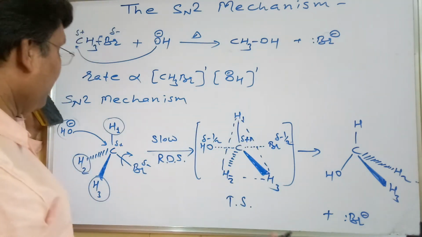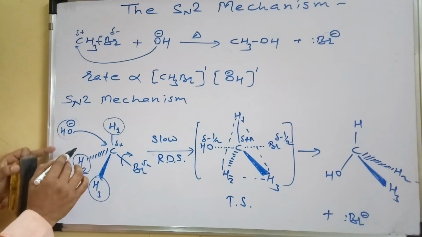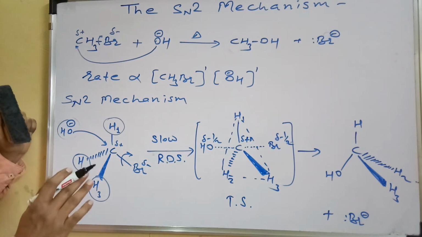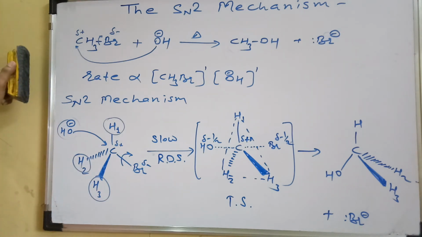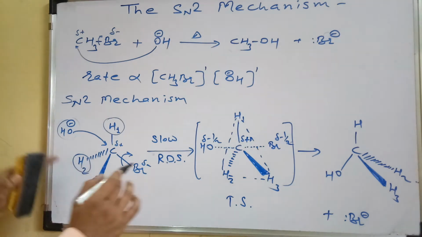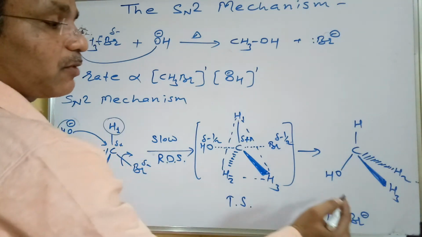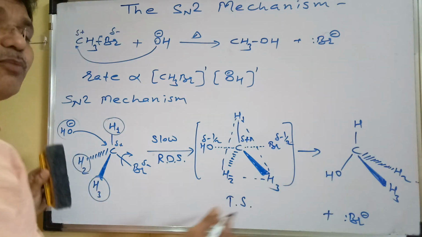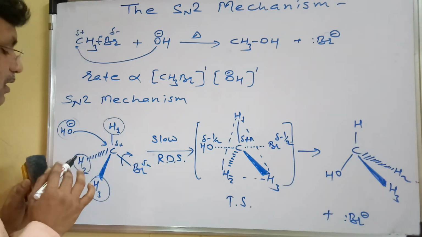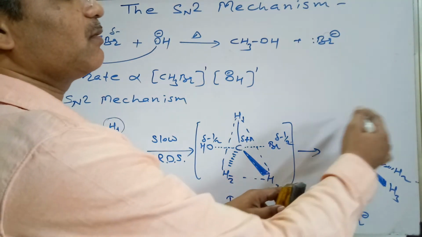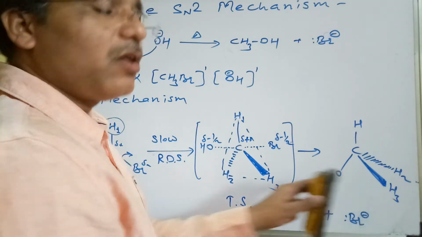Now the next point: if the substrate is optically active, then the configuration of the product is found to be opposite compared to the reactant. If the configuration of the reactant is S, then the configuration of the product is R, or vice versa.